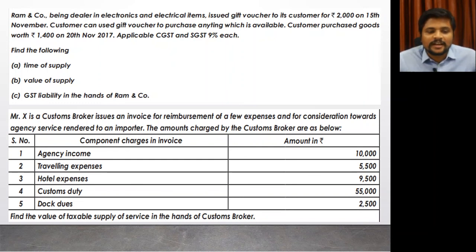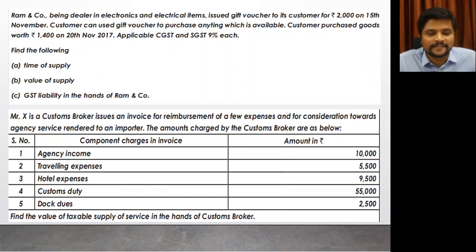The customer can use the gift voucher to purchase any goods which Ram & Co deals with. The customer purchased goods worth 1400 rupees on 20th November 2017. The applicable CGST and SGST rate is 9% under each law. You have to find first, the time of supply; second, the value of this supply; and third, the GST liability in the hands of Ram & Co.